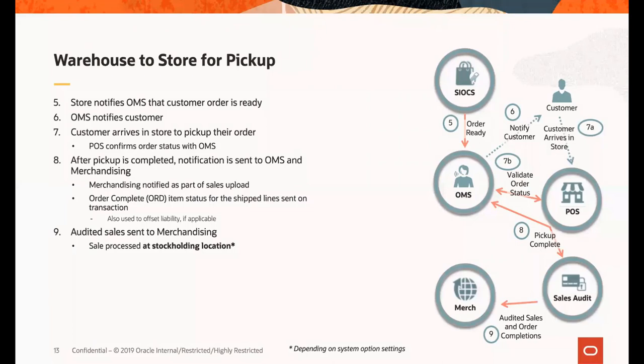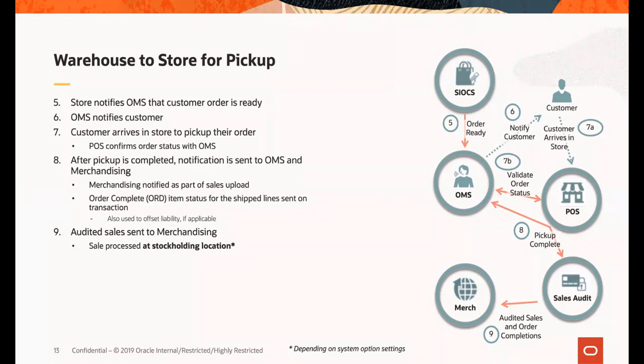Point of sale would validate that the order was still in a status that made it eligible for pickup, so it hadn't been canceled, and then would process that pickup, which triggers a pickup complete transaction from point of sale to sales audit. They also send a pickup complete transaction to order management at that point.